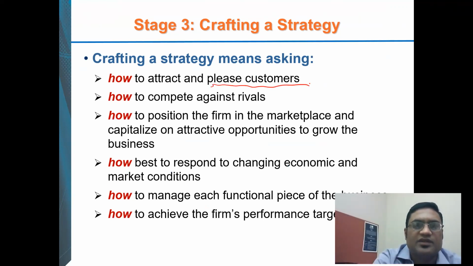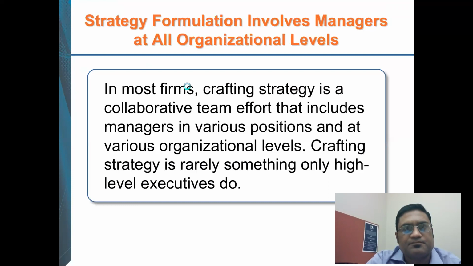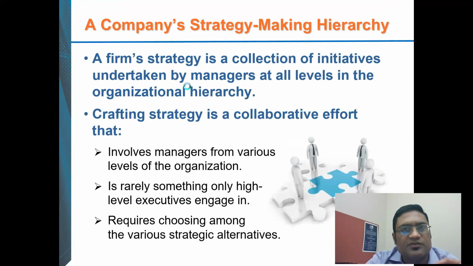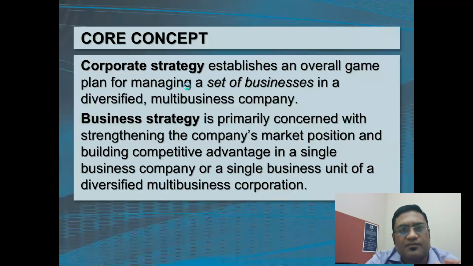And if you want to increase the number of customers, you have a strategy to attract customers. Strategy formulation happens at all levels, involving everybody, from the top executives to people at the bottom level.